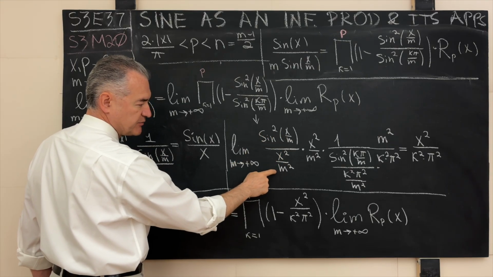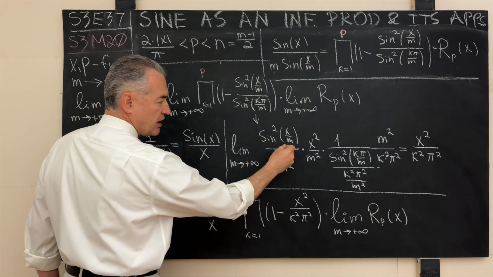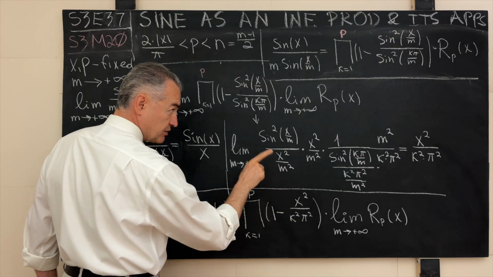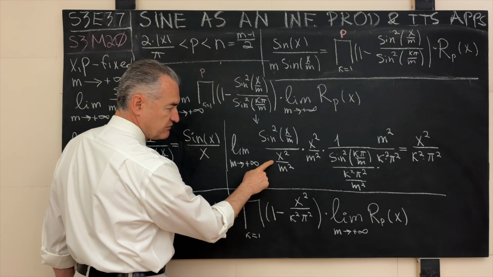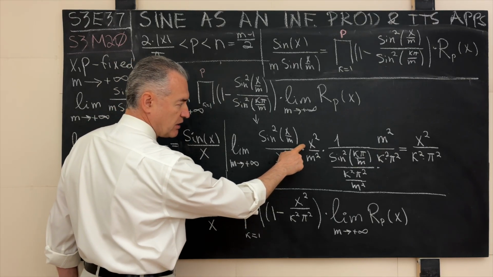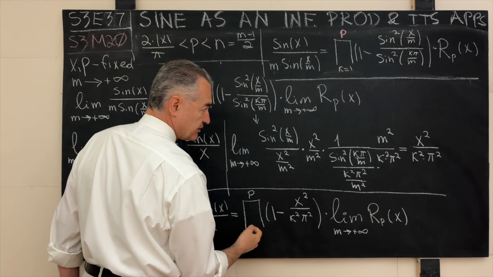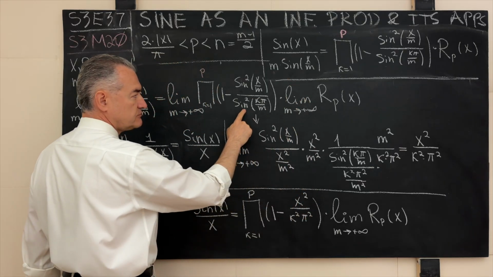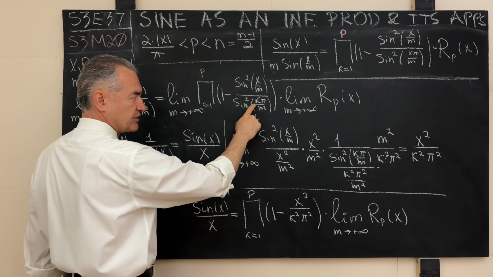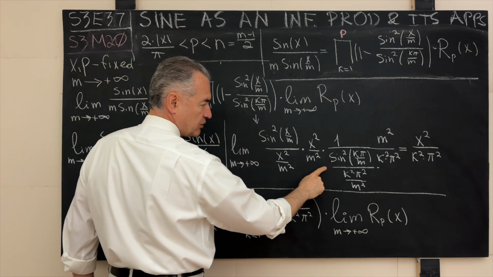So x divided by m, m tends to infinity. This little ratio tends to 0 correspondingly. So we have our limit, and once we divide it by this ratio, we need to multiply in order to compensate. This is one side, and then we have to deal with the sine square of this argument, k pi over m. Here we do the same thing.